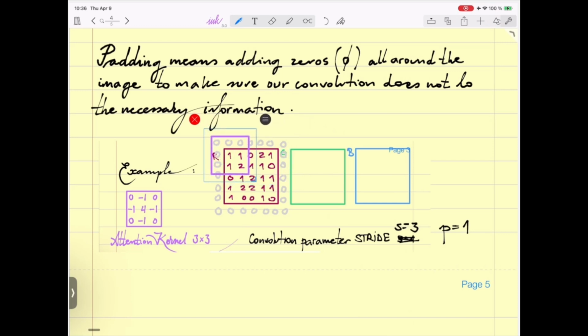Then if we would do the calculation again, let's do it together. Sami, okay? So now multiply the kernel with the window. What do you get? Yeah, you get a 2. Now, where do I put the window?